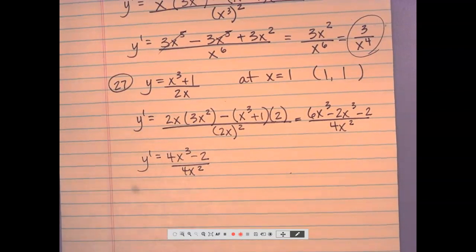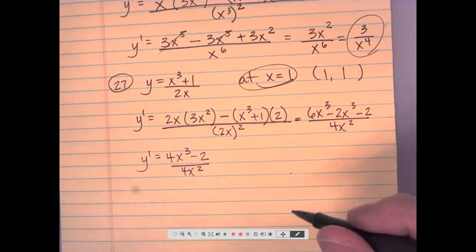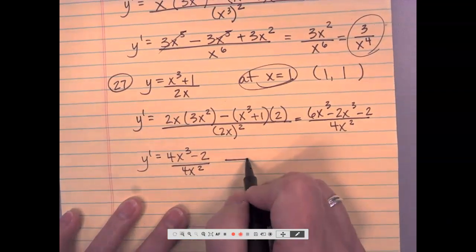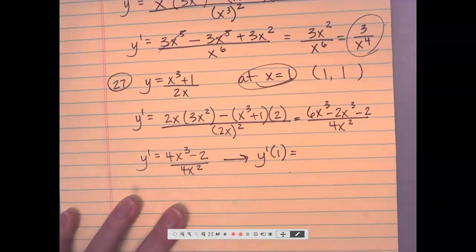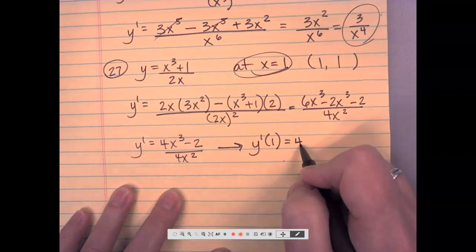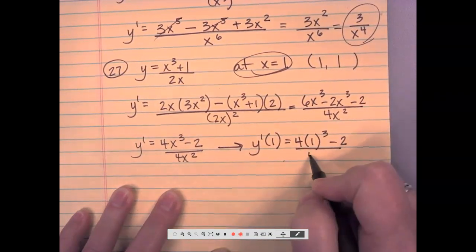Nothing to reduce there unless you decide to divide everything by 2. But we're just plugging in a 1, so I'm just going to leave it because subbing in a 1 isn't so bad. So I'm finding y prime of 1. So every place that an x appears, I am replacing it with a 1.